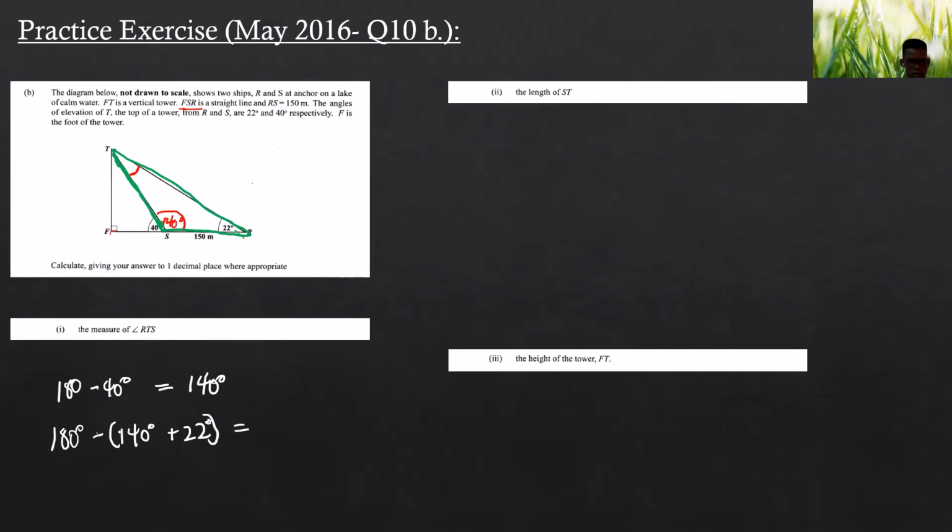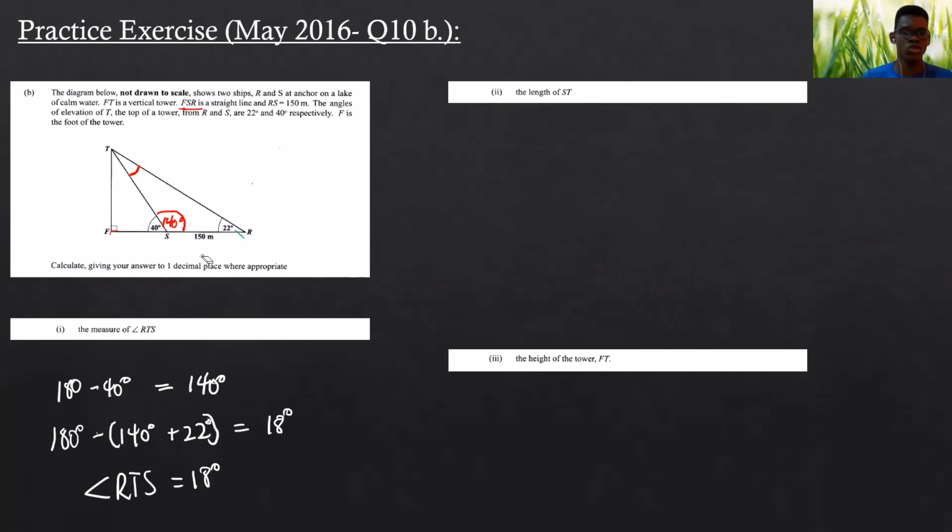162, so 180 subtract 162 would be 18. We expect the angle to be small. So angle RTS is as simple as 18 degrees. Just watch out for that.